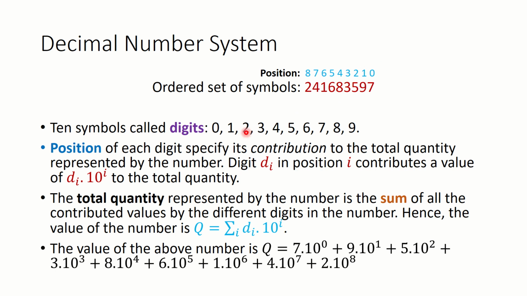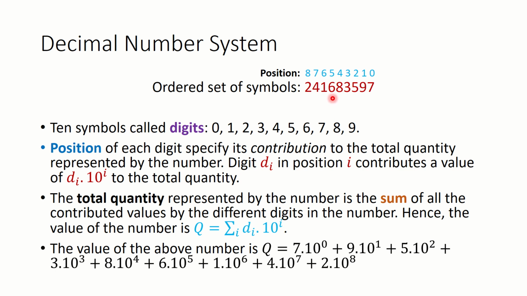So for that particular di, you choose any digit from here. Suppose you choose 6 here. See, 6 is occupying position number 5. We will refer to i as the position number starting from 0. So digit 6 is occupying position number 5, digit 1 is occupying position number 6.